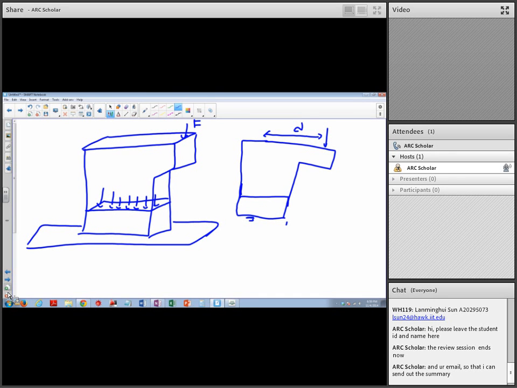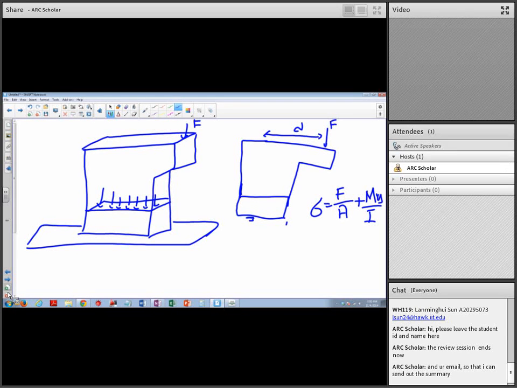So if we need to calculate the stress at, let's say, this point here, we mentioned just now there is one F over A, but there is also one stress for the moment, which is also plus, let's put My over I. The M is just F times the distance, the moment that acts on this plane.